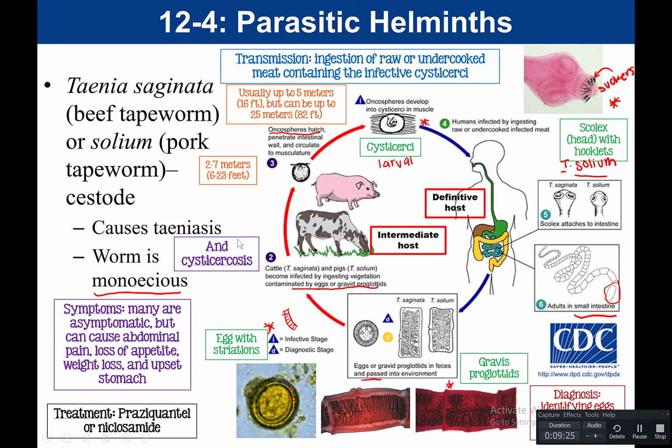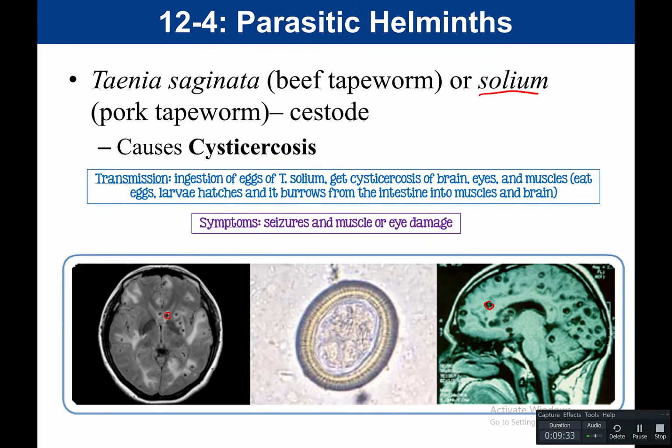And so you want to know, again, the other things that are on this slide that were pointed out in the original video. You want to know that Taenia solium specifically causes an additional disease, which is referred to as cysticercosis. And in cysticercosis, the way that you get it is by ingestion of the eggs.